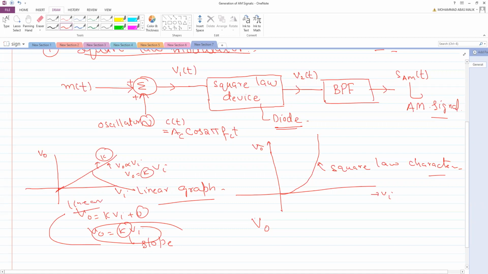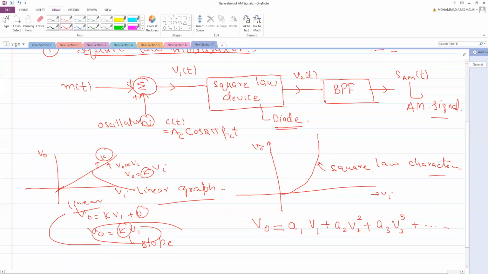What about scalar? Where you have the scalar characteristics, output is always equal to a1 vi plus a2 vi squared plus a3 vi cubed plus and so on. This will be the output characteristic of a scalar device.